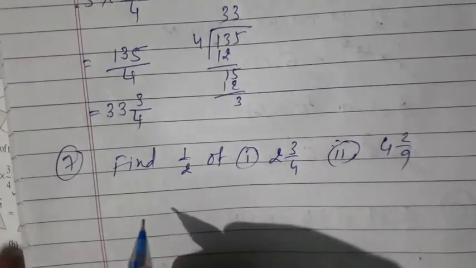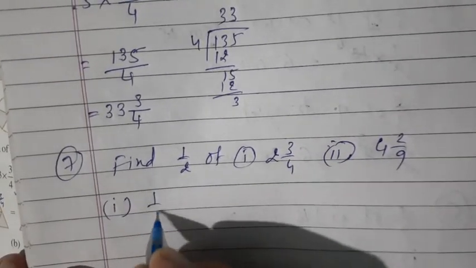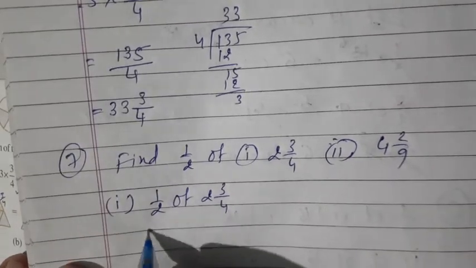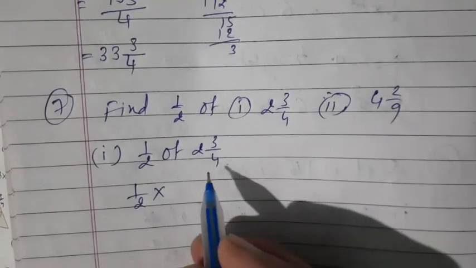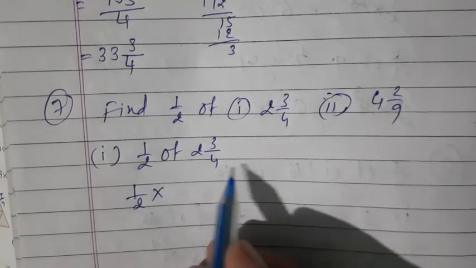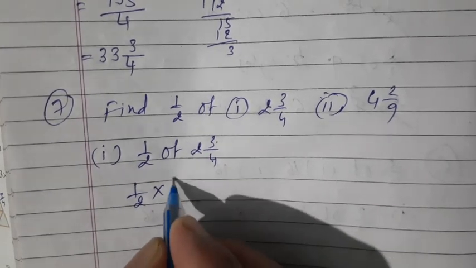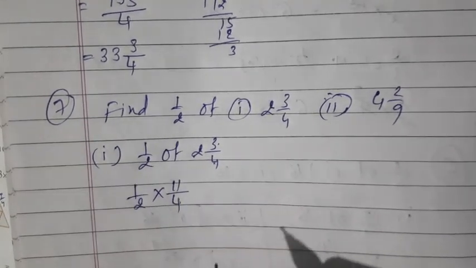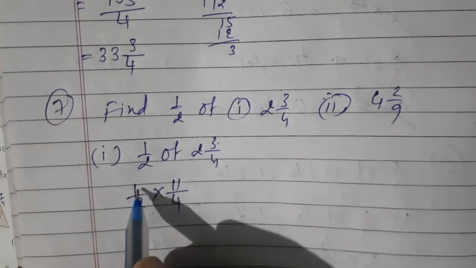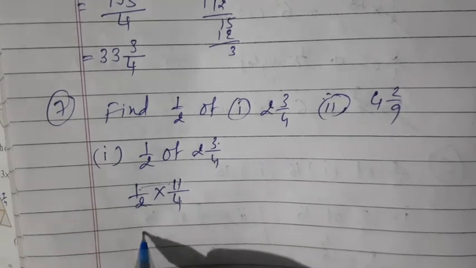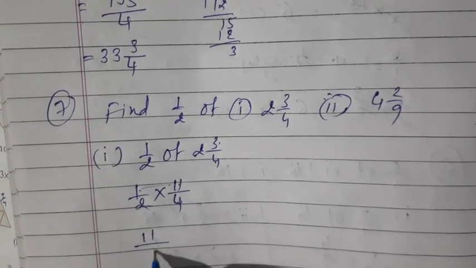Okay, so suppose the first one, 1/2 of 2 integer 3 upon 4. Of means multiply. 1/2 into mixed fraction. What to do? Convert into improper. 4 2s are 8 and 3, 11 upon 4. Now numerator with numerator and denominator with denominator. 11 1s are 11 and 4 2s are 8.